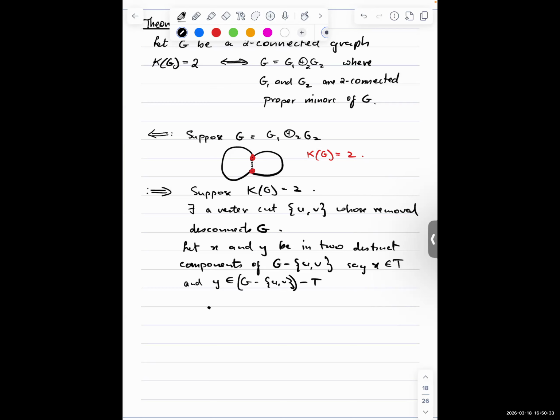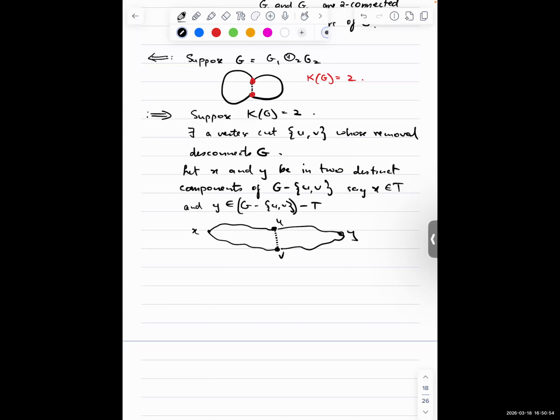So now we definitely want a picture going. So there's our UV. All right.